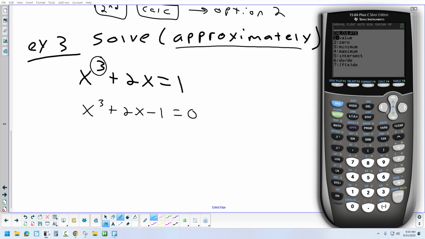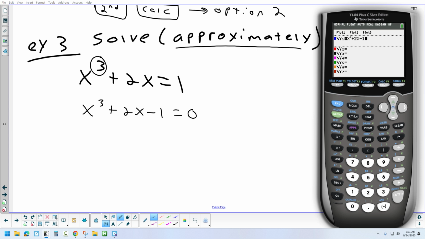And what do we do now that it's equal to 0? How do I put it in? Okay, go to y equals, clear anything that's there, and now type it in. So x cubed plus 2x minus 1.